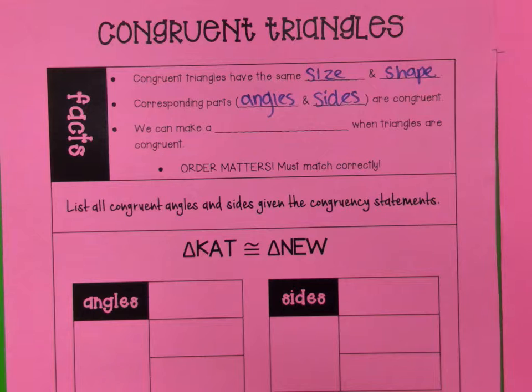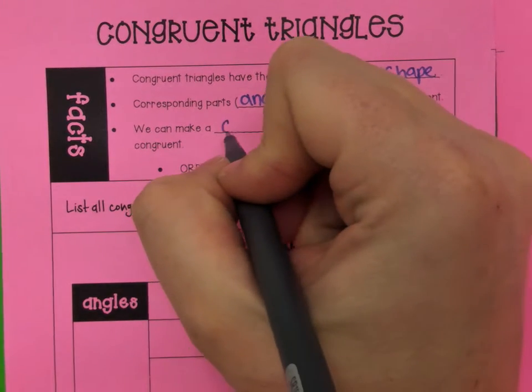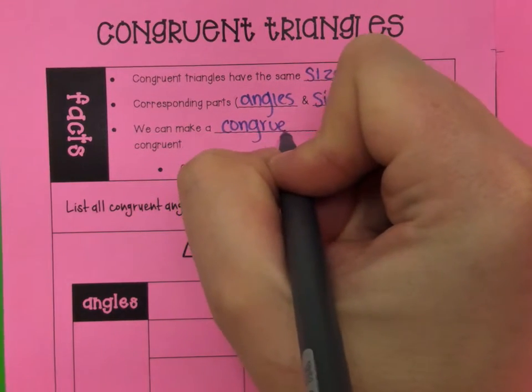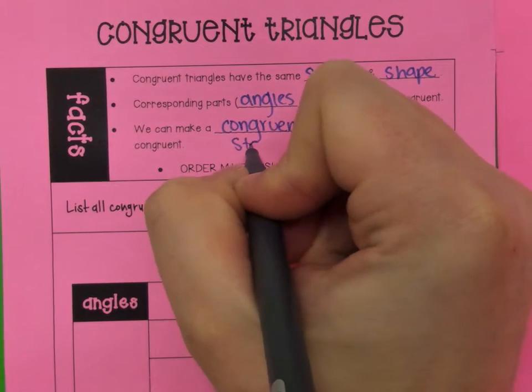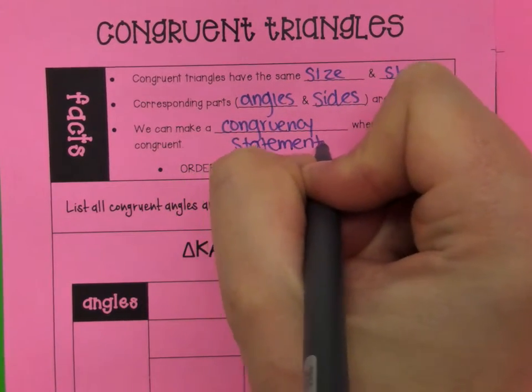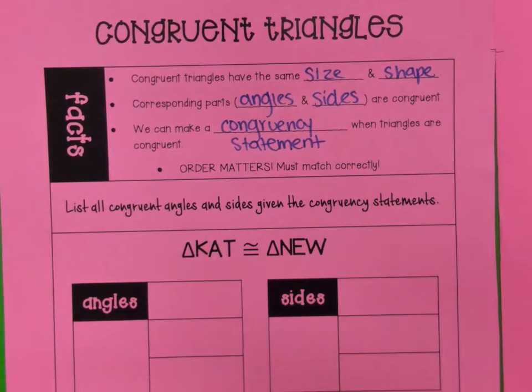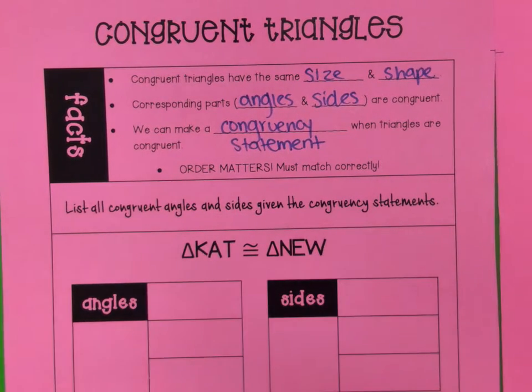And that means we can make a congruency statement, which means that we can say one triangle equals the other triangle.